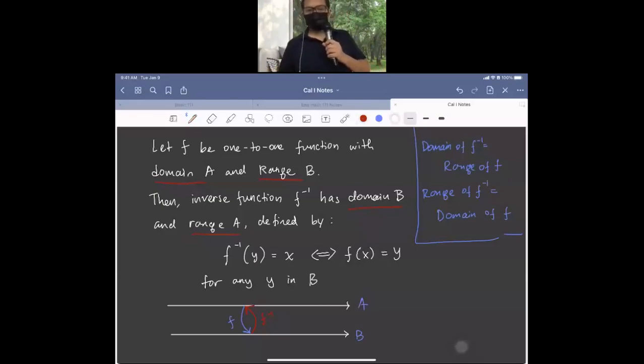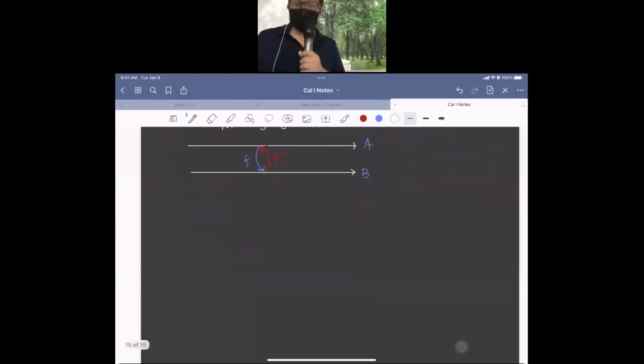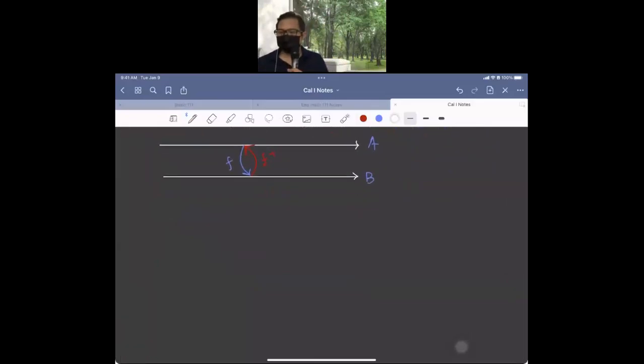Now some properties. I will just write this property. I think it's intuitively okay, not really that complicated. We can also write this exchanging x and y, still the same, because they exchange with each other.